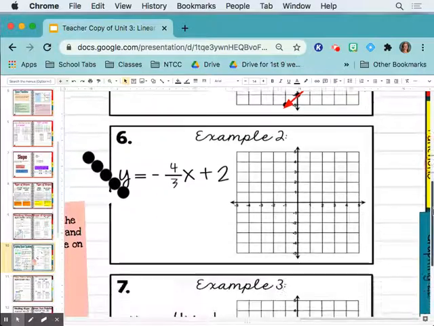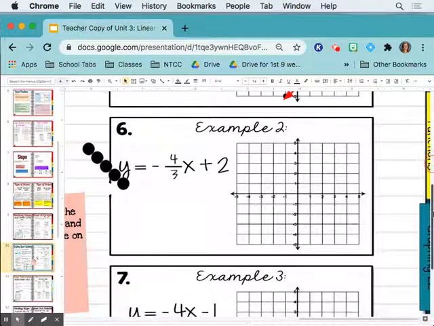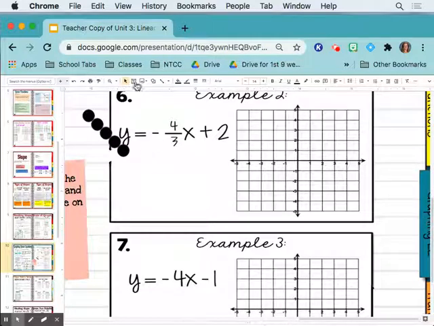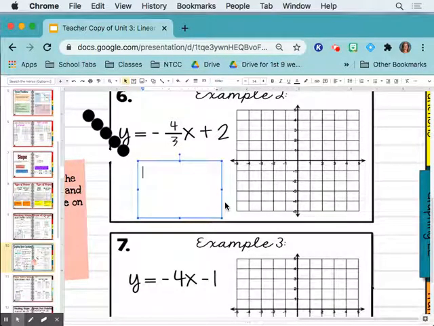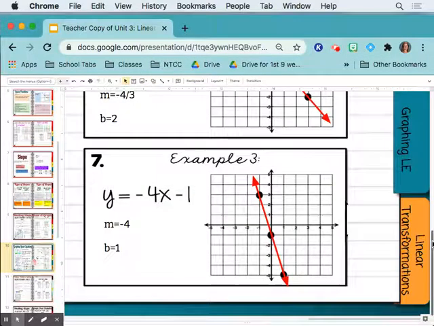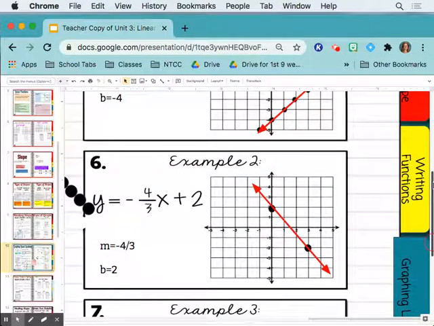Okay, go to the next one. So I'm going to give you time to go ahead and do these two, and then I'll come around and look at it, and then you can start on your assignment. Okay, so check your examples with mine.